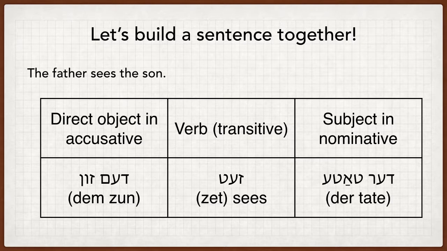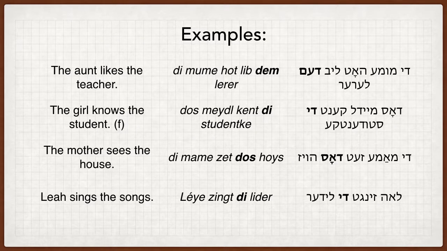And now a few examples, because hopefully they will help you understand accusative even better. So, the aunt likes the teacher. Die Mumme hat lieb dem Lehrer. Die Mumme is the subject of the sentence because she is the one performing the action of liking, and whom she likes is the teacher.